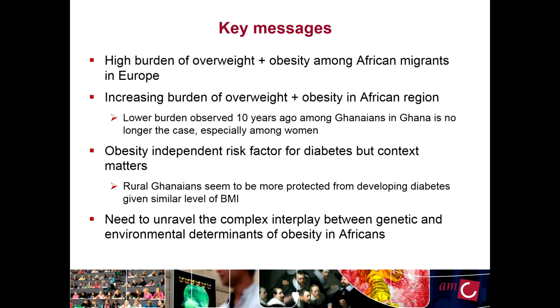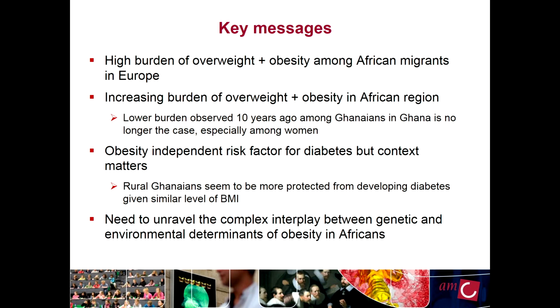So then, to summarize, we see a very high burden of overweight and obesity among African migrants in Europe, and also increasing rates in the African region. In particular, in women, the trend that we observed 10 years ago, with lower rates in rural Ghana, higher in urban and highest in Europe, is already fading, with urban Ghana being almost at a similar level as Europe.